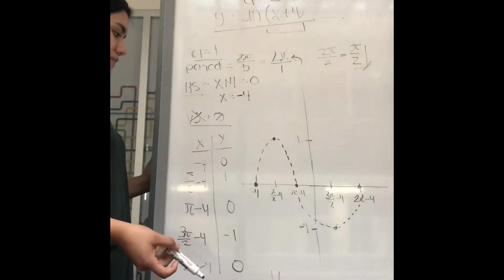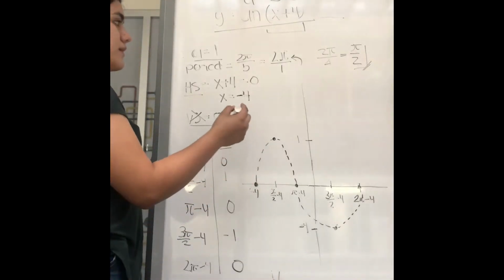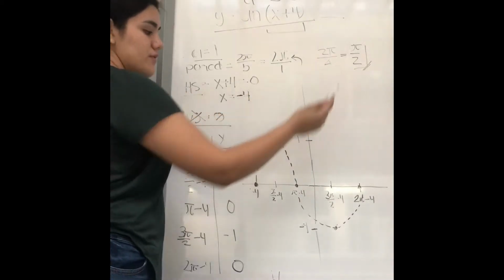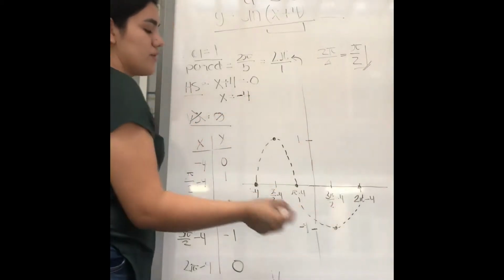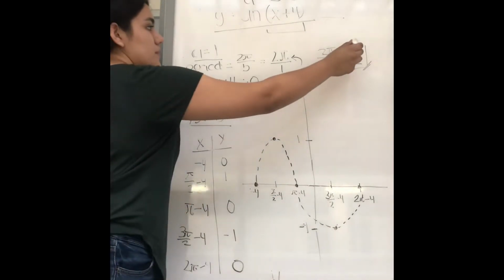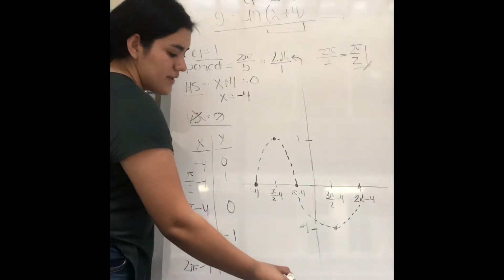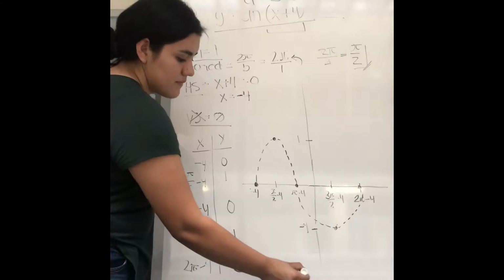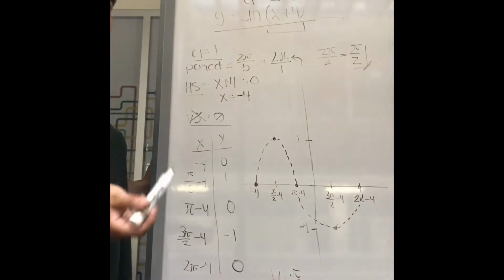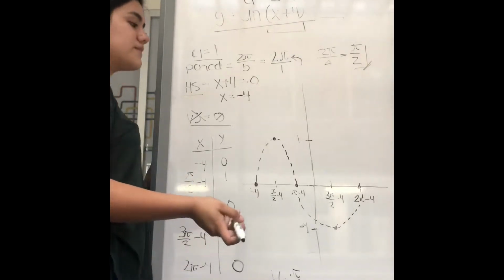After that, we need to add to the -4 the 2π over 4. So it gives you the 5 points that we're going to use, and it gives you π halves. So to -4, we add π half, and it gives you π half -4, because it's a decimal number, so it doesn't give you an exact fraction.